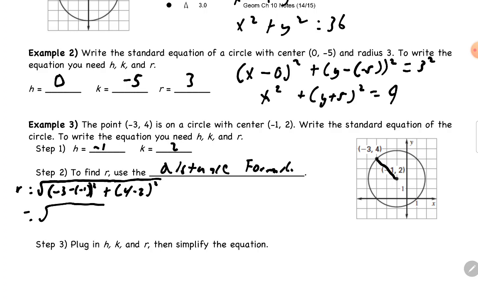So this is going to equal -3 plus 1, which is -2 squared, plus 2 squared, which is the square root of 4 plus 4, which is the square root of 8.